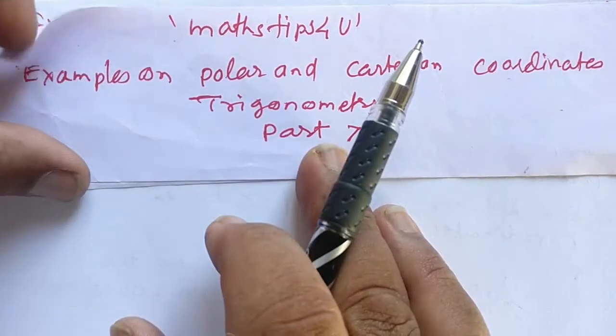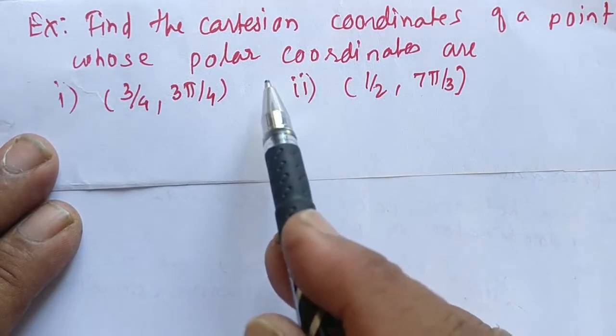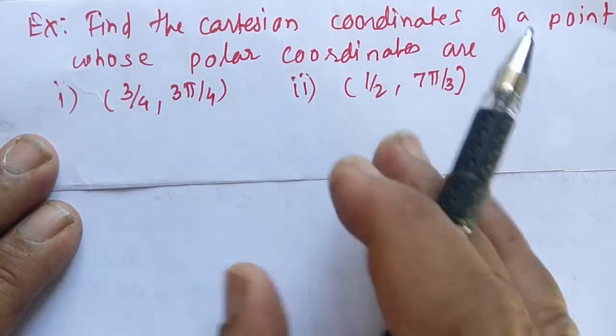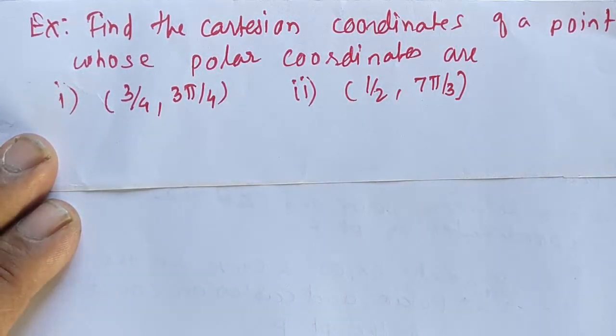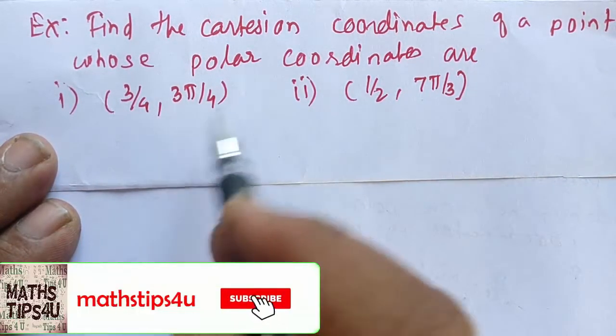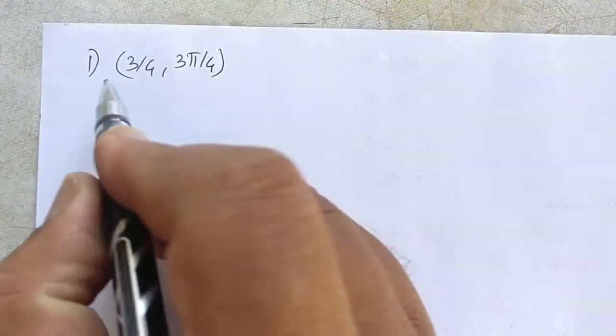The first type of example is: find the Cartesian coordinates of a point whose polar coordinates are given. In this example, the polar coordinates are given. You have to find its Cartesian coordinates. So first example is number 1.